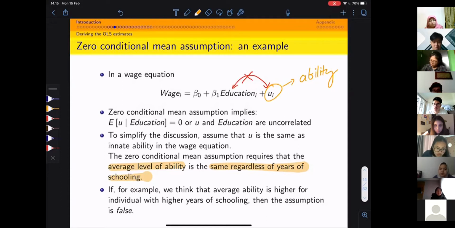What I mean by correlation is that individuals with higher ability are more likely to achieve higher years of schooling. The zero conditional mean assumption says that whatever the average ability is, it doesn't really matter on the years of schooling. So my question to you is, is the assumption sensible or not? What do you guys think?